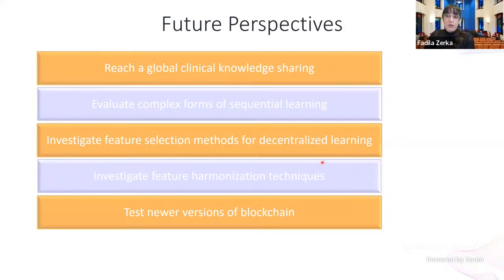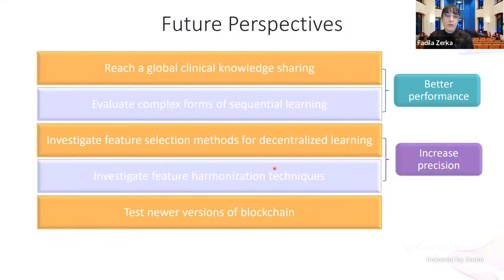The future vision of distributed learning is to reach global clinical knowledge sharing by providing access to more medical data, allowing us to improve model generalizability and performance. We need, however, to evaluate complex forms of sequential learning, such as updating the model after each epoch of the training. We also need to evaluate different feature selection and harmonization techniques on decentralized learning, because this can increase the precision of our models.